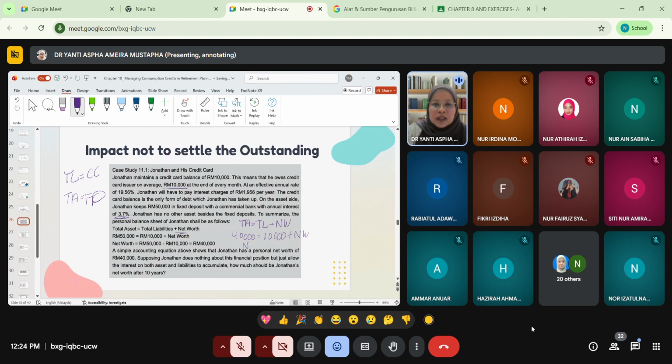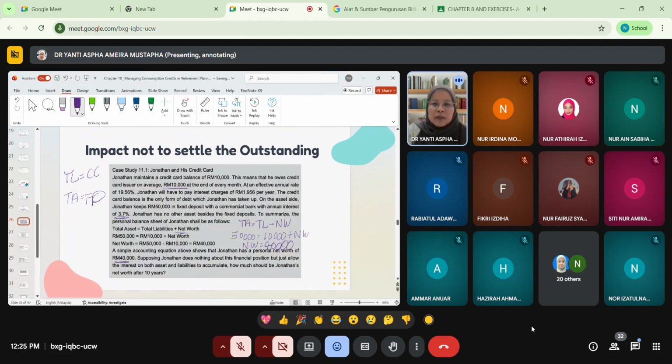The FD is 50,000, I'm sorry, 50,000 yeah. So his net worth is 40,000. I'm sure you've taken personal finance, so you have learned about total assets and net worth of a person. So this simple equation shows that Jonathan has a personal net worth of 40,000.